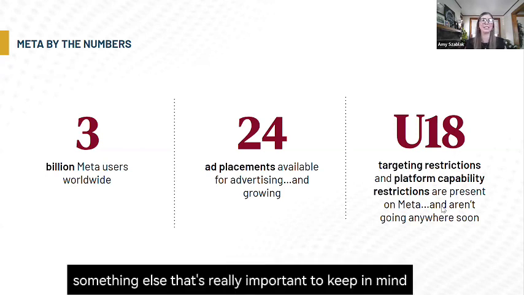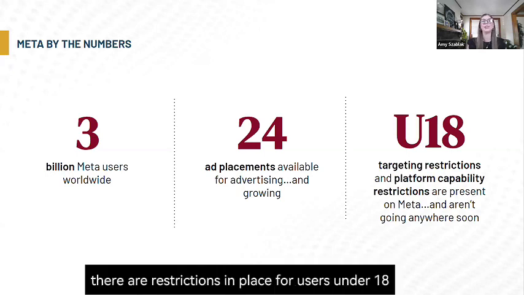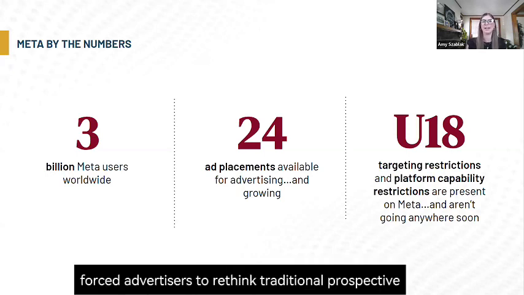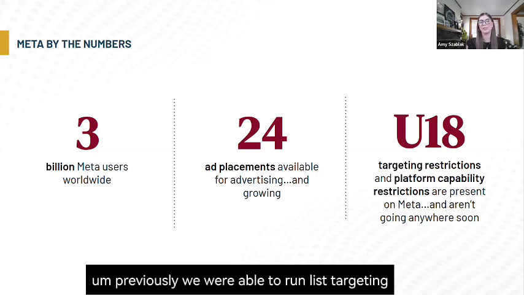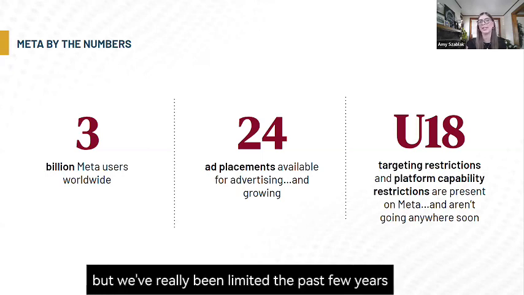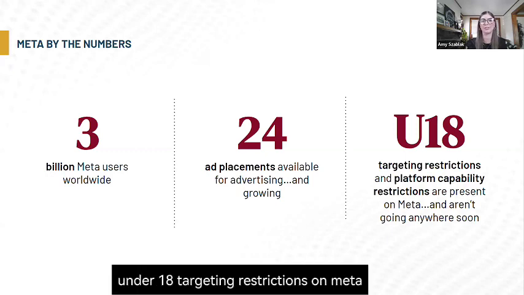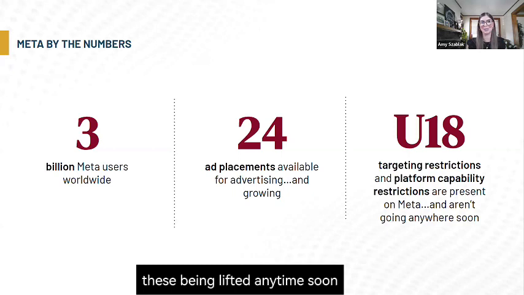And something else that's really important to keep in mind, especially for higher education, is that there are restrictions in place for users under 18. So this has really forced advertisers to rethink traditional prospective undergraduate student strategies. Previously, we were able to run list, retargeting, lead gen, and demographic targeting campaigns to all ages on Meta, but we've really been limited the past few years with the numerous under 18 targeting restrictions on Meta, and really don't foresee these being lifted anytime soon.